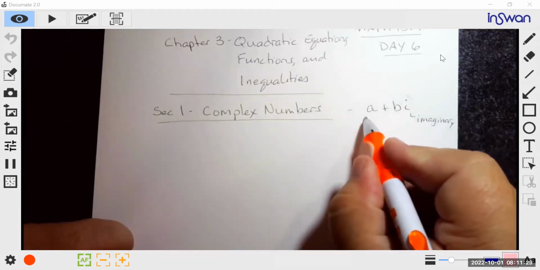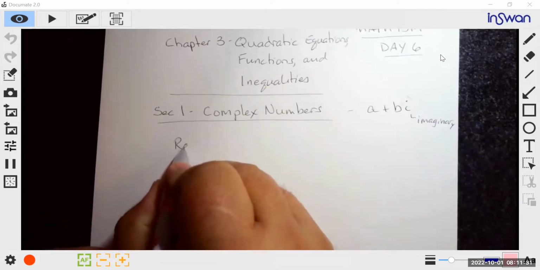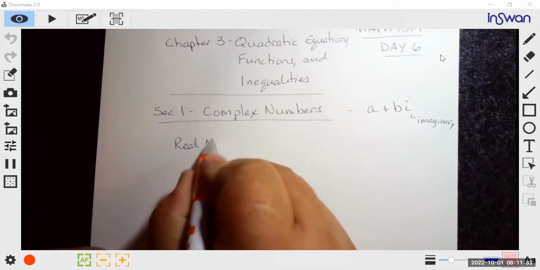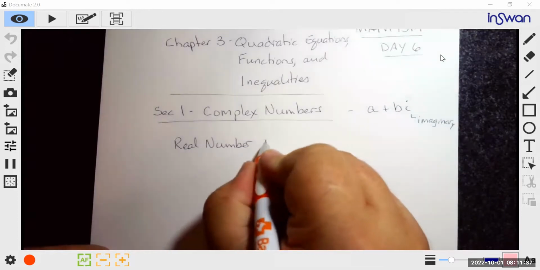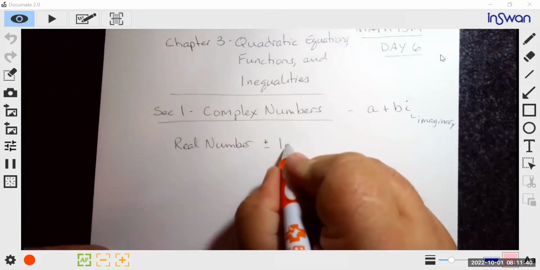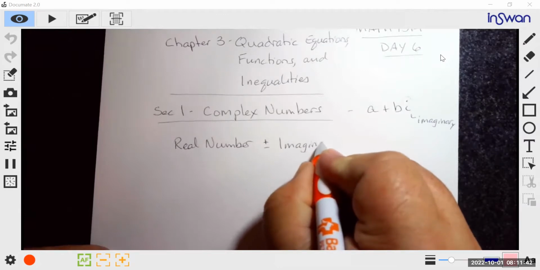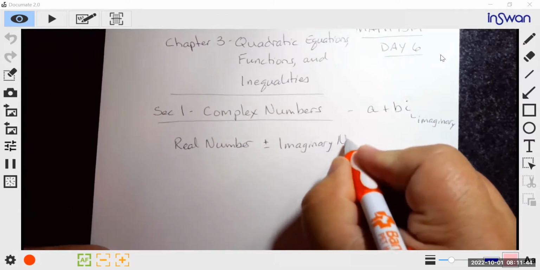So in a complex number, you have a real number followed by an imaginary number.